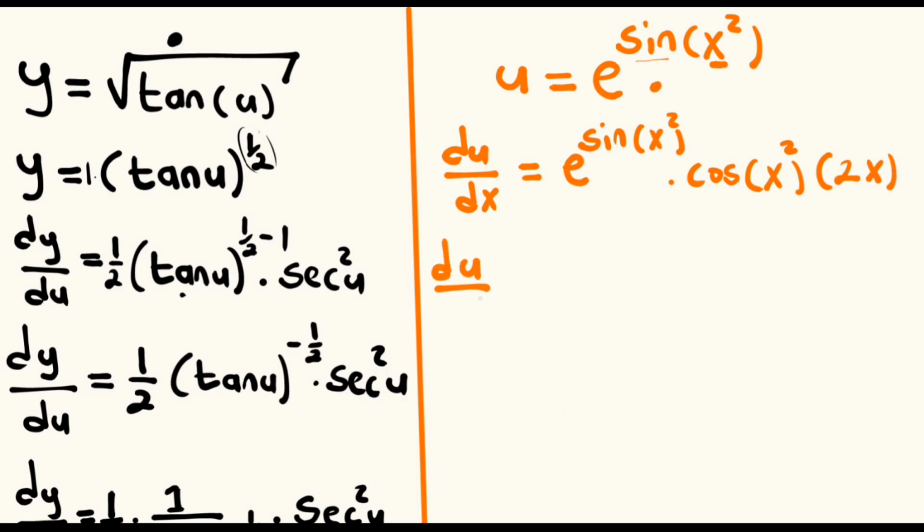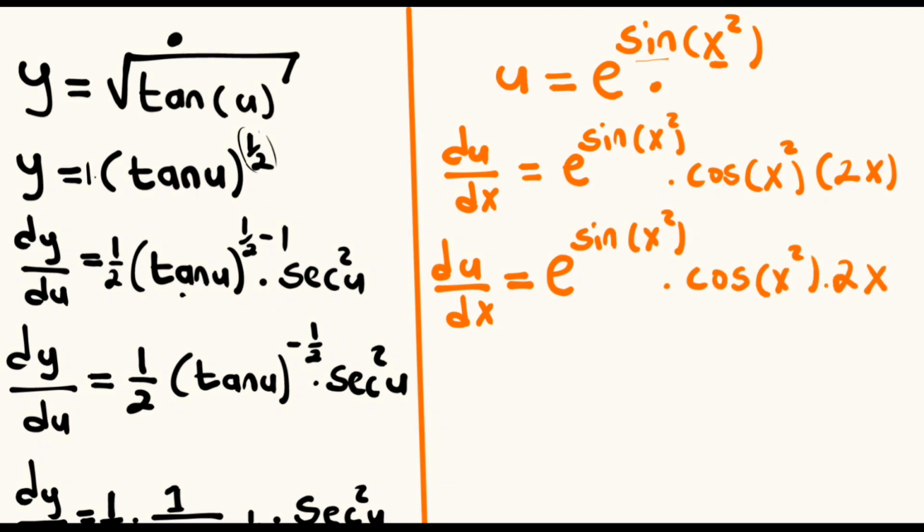Our du over dx will be equal to e raised to the power sine of x squared multiplied by the cos of x squared multiplied by the 2x.